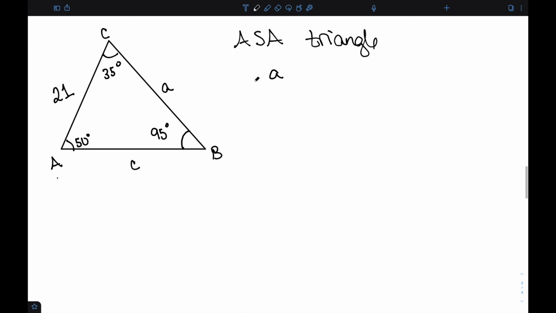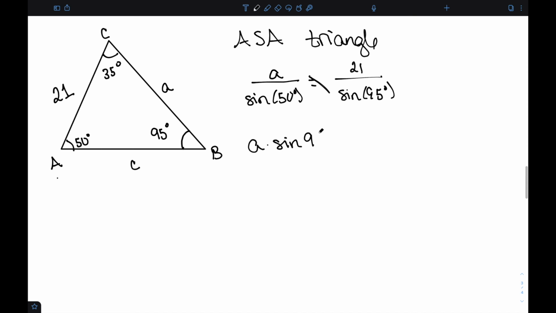Next, let's start using my law of sines to find a and c. I know that side a over sine of angle A is equal to side b, which is 21, over sine of angle B, which is 95. So this is a times sine of 95 degrees when I cross multiply. And this direction is 21 times sine of 50 degrees.